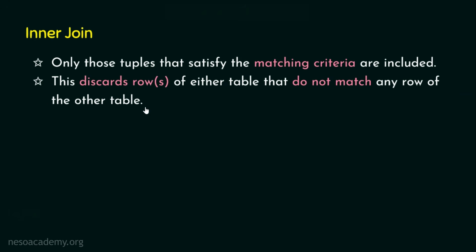It means if the join condition is not matched, that will not be there in the output table. So in simple terms, if join condition is matched, they are included in the output table. The rest are excluded in the output. If you still need clarity, we are going to see some examples in the coming slides. Then it will be definitely easy for you to understand.